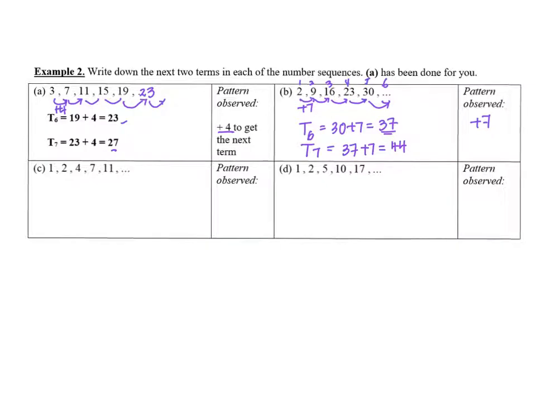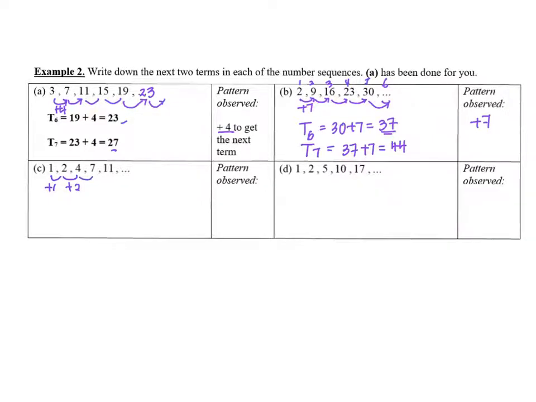What about part C? Let us observe. How do I get from 1 to the next number? I get 2 from the number 1. And 2 to 4. This is a plus 1. This is a plus 2. What do you think will be the next term?